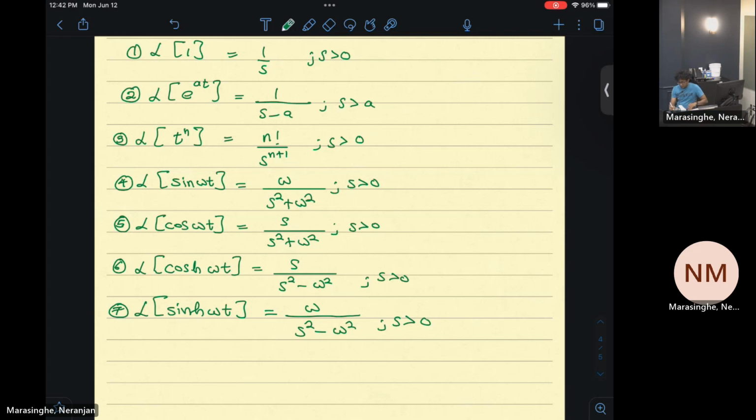Right? So I think this is for s greater than omega. Yes. This is valid for s greater than omega because we are using this equation when we are proving, right?